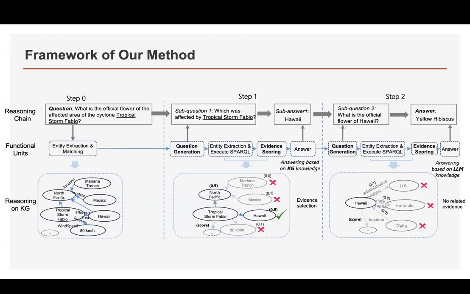In this step, our goal is to answer this sub-question, and here we use another LLM to answer. One of the answers is Hawaii, and based on this answer, we do this process again to generate the next question: what is the official flower of Hawaii?